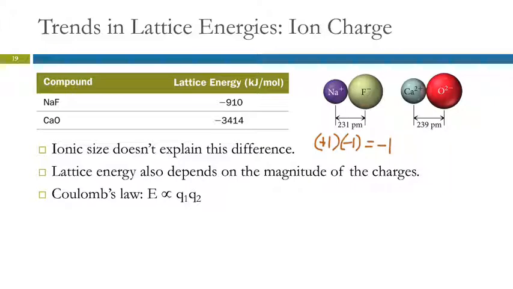Calcium's +2 and oxygen's -2, and so here we've got +2 times -2, which gives us -4. So that top part of Coulomb's law, Q1 Q2, is 4 times as large for this compound. And we look over here and we see that 3,400 is roughly 4 times larger than 900. So the magnitude of the charges affects the lattice energy.